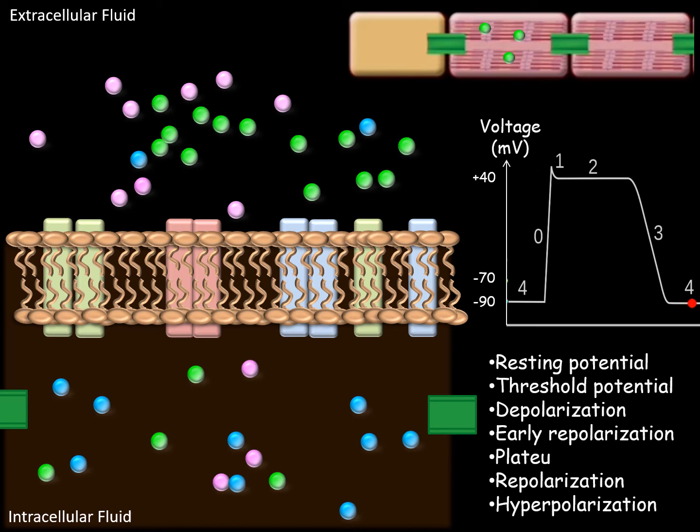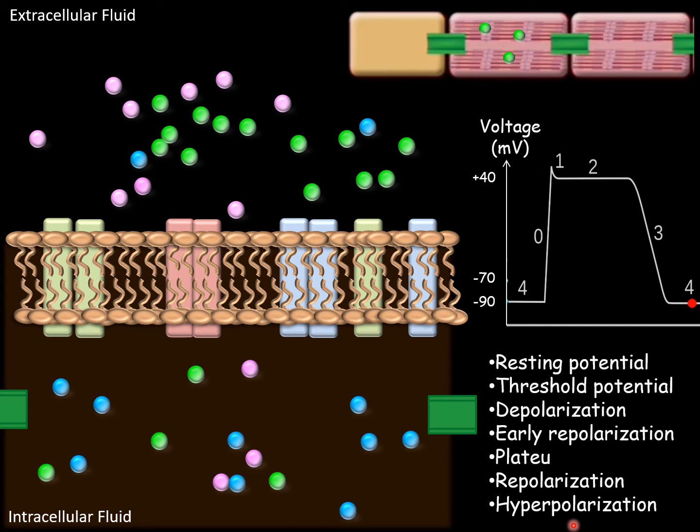Now here one thing to note, sometimes it happens that too many positive ions go out of the cell, and that's why the potential difference becomes highly negative, even below -90 millivolts, and that state is called hyperpolarization.